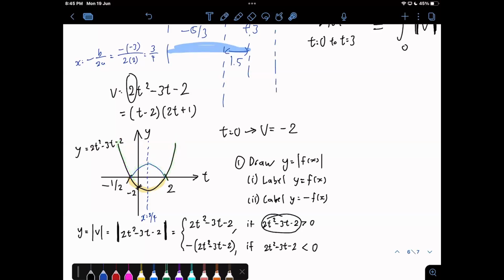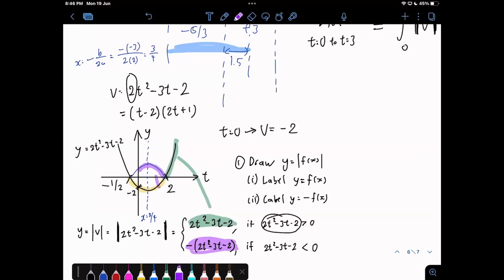So which part of it is relevant to us? It's only the part that is more than 0, when t is more than 0. So it's really just this part here, the blue one, and that part there, the green one. Can you tell that 2t squared minus 3t minus 2 is the green one? And this negative of bracket 2t squared minus 3t minus 2 is, maybe I should use purple, this part here. Let's just highlight the relevant ones.